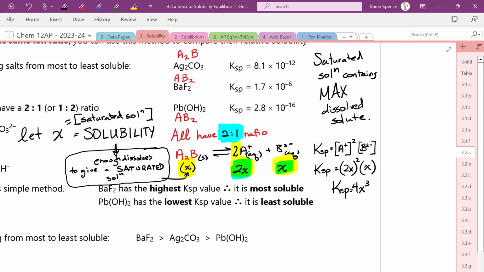But the math will work out the same. You'll still have 2X squared and X. So for any 2 to 1 compound, we end up with KSP is equal to 4X cubed. Is that true for all 2 to 1 ratio compounds?